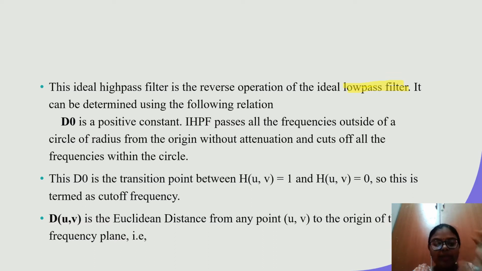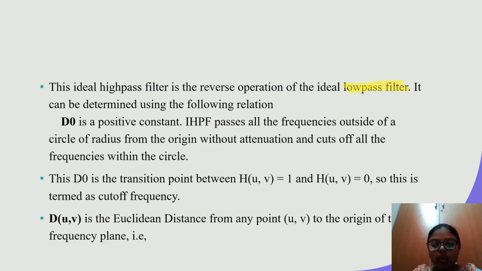You have to remember D naught because it will help to calculate the formula for this ideal high pass filter. Thus, D naught is the transition point between H of u comma v equal to 1 and H of u comma v equal to 0. So this is termed the cutoff frequency.